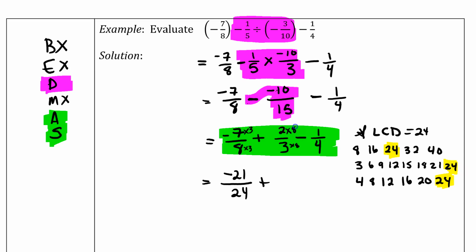That means I need to multiply the numerator by 8. So I have 16 over 24, minus, what do I need to multiply by 4 to get 24? Yes, 6. Do that to both the denominator and the numerator. So minus 6 over 24.